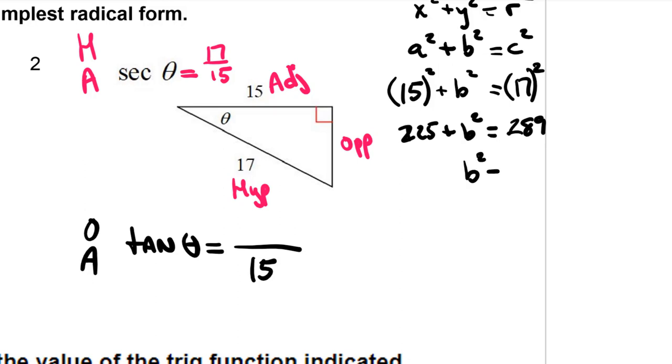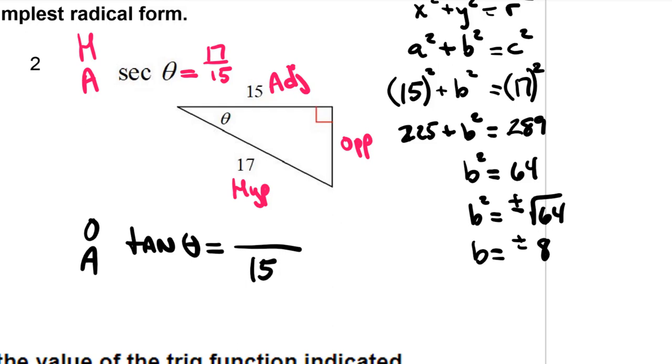When you do your subtracting, now again, you guys are not in Algebra 1, so I don't want to see subtract 225, subtract 225. You're going to do that mentally, or just write your answer on the next slide, and that will be 64. Now, Algebra 2 stuff coming at you here, don't forget, plus and minus when you square root 64, and you guys are at a level where you know the square root of 64 is going to be 8. So I have two possible answers, 8 or negative 8.